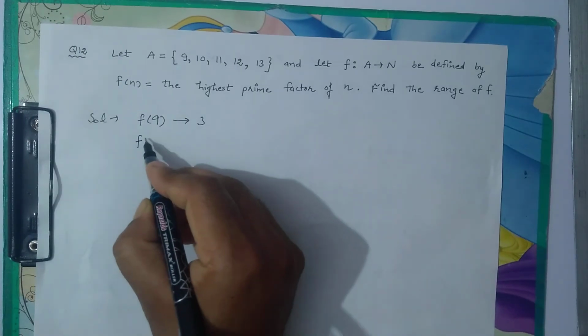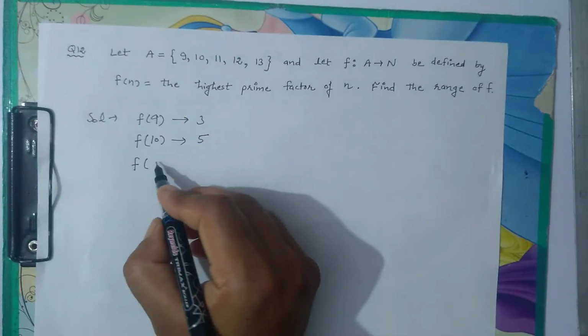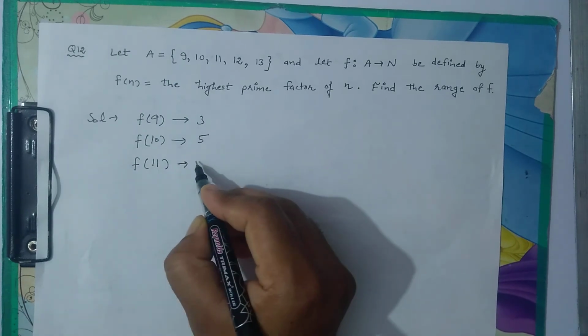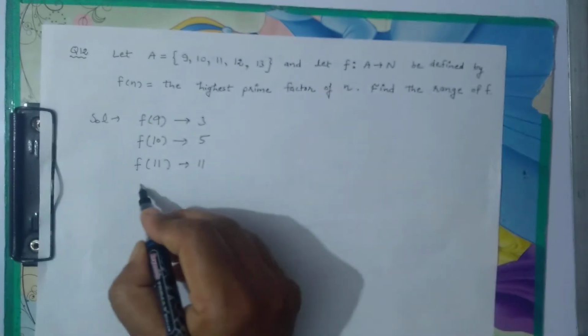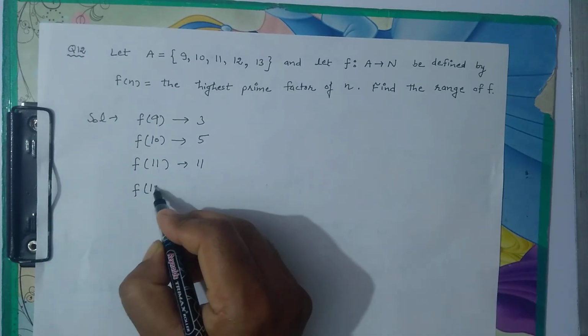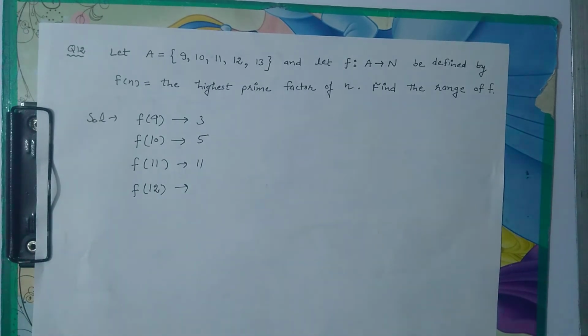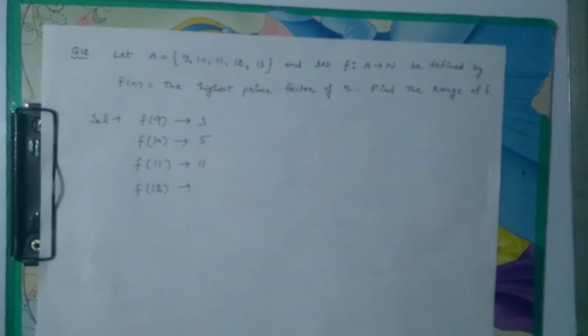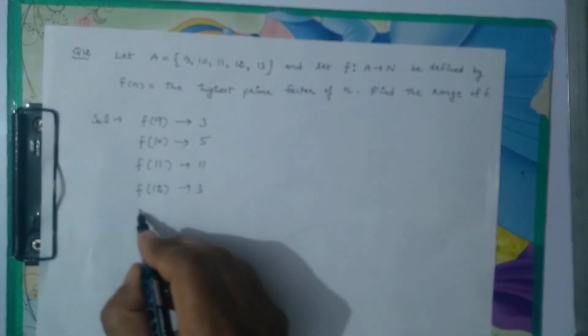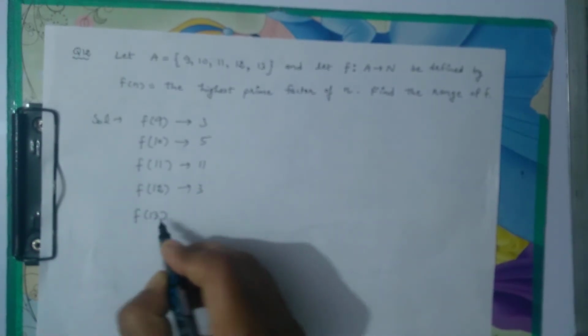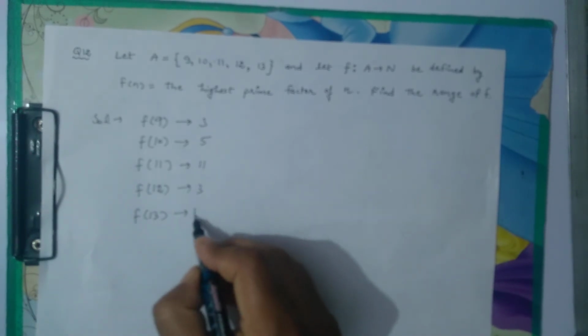The highest prime factor of 10 is 5. The highest prime factor of 11 is 11. The highest prime factor of 12 is 3. The highest prime factor of 13 is 13.